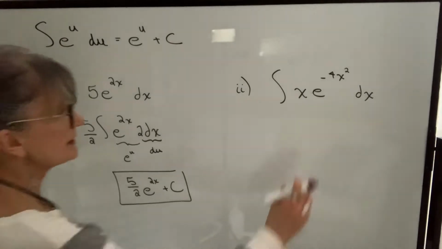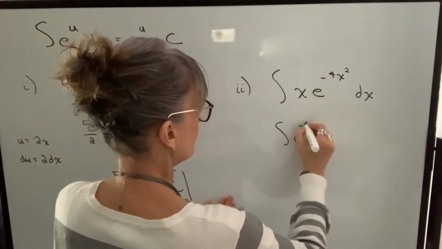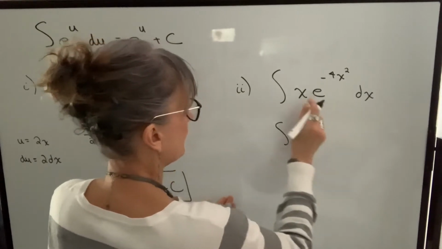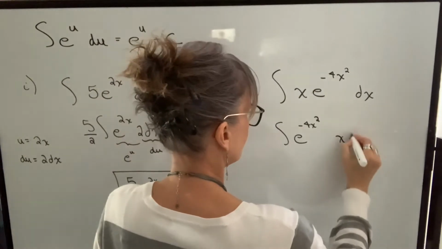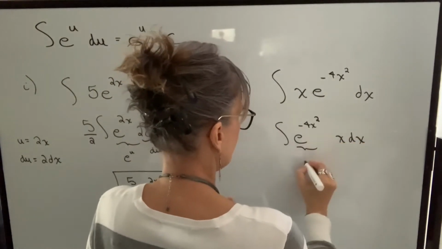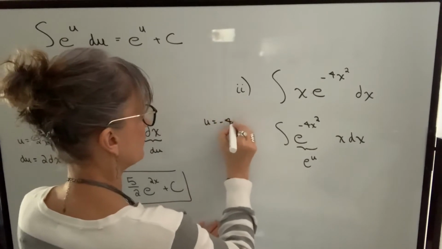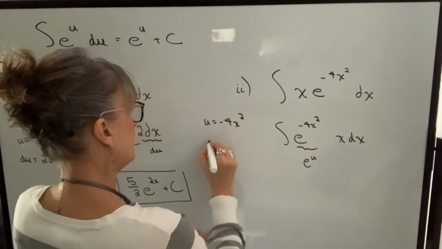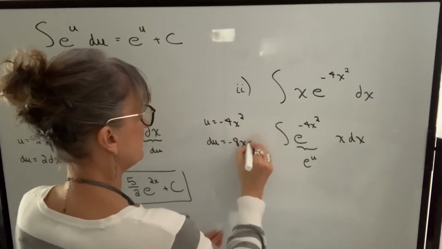In my next example, I'm going to express my e to the u first and assume that this other factor is going to be part of my du factor. Let's see. So if this is e to the u, I'm identifying u as negative 4x squared. Therefore, the du factor will be negative 8x dx.